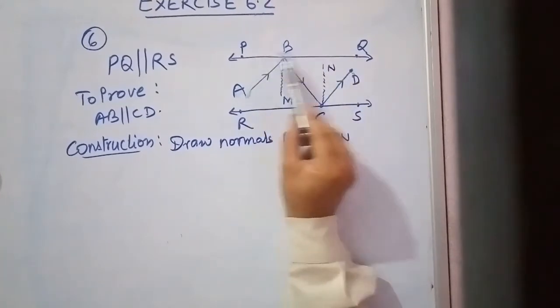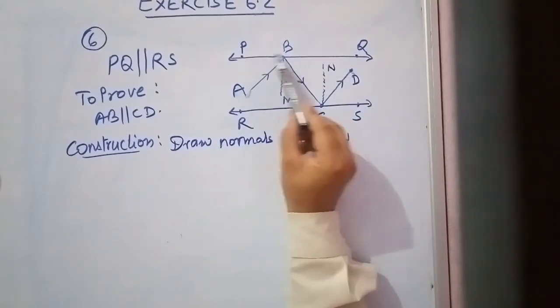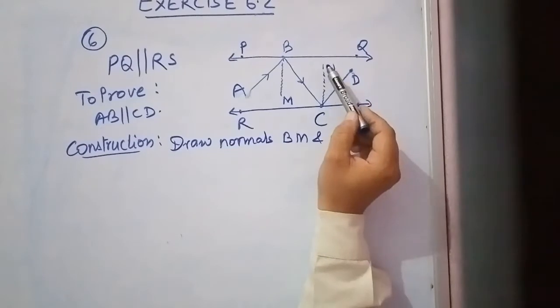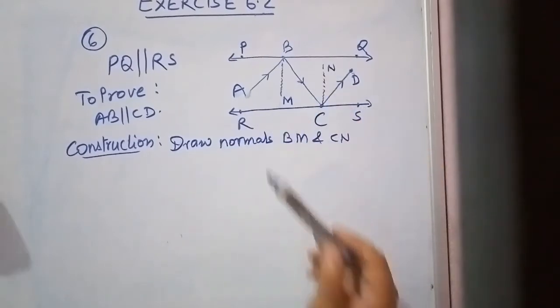Normal means here BM is perpendicular to PQ and CN is perpendicular to RS.